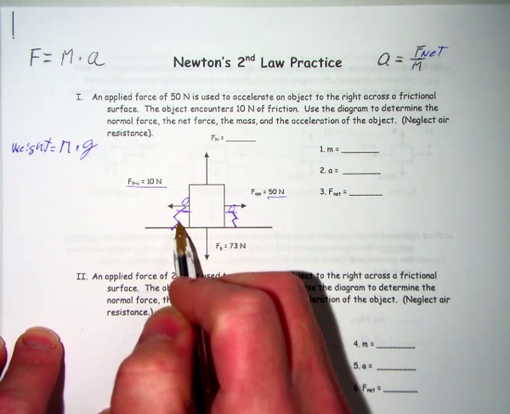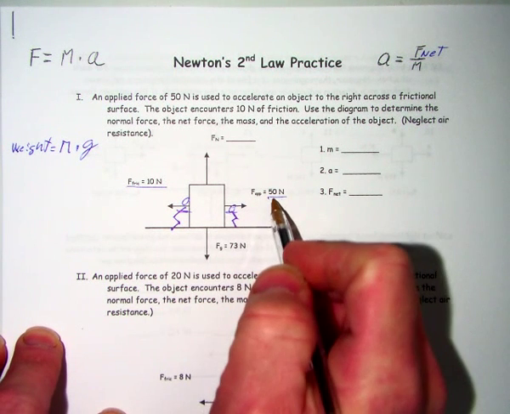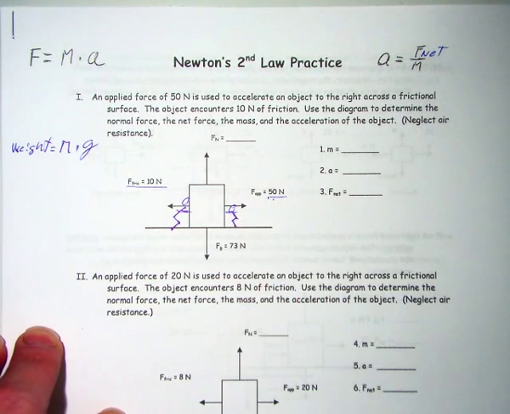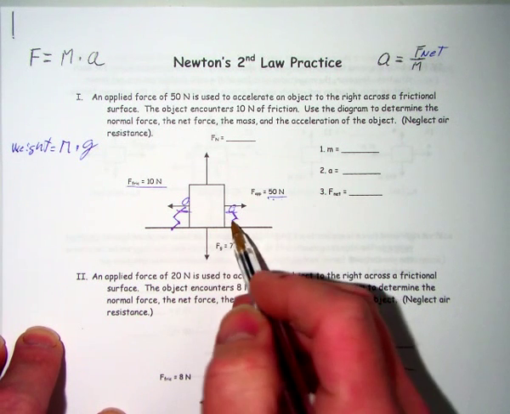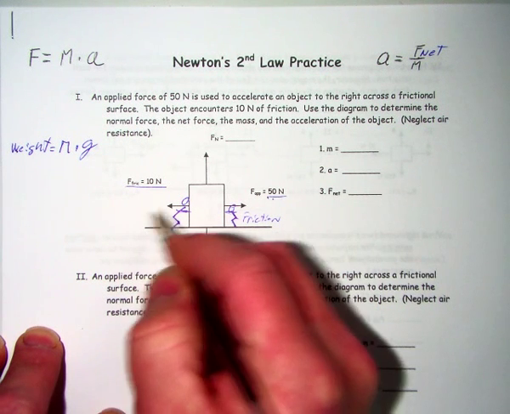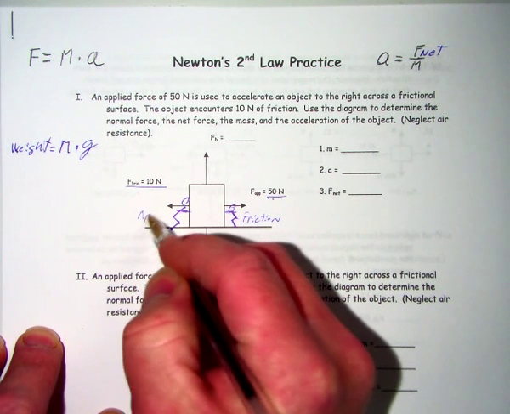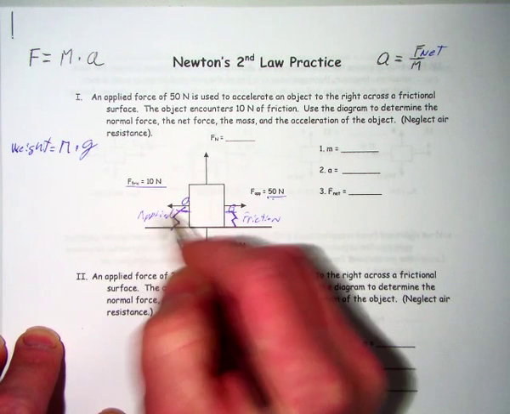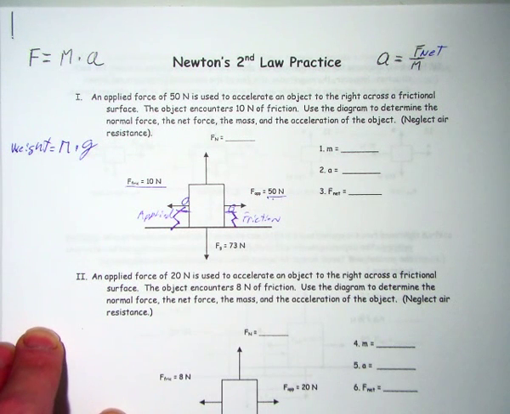And this person on the right that's pushing on it with 50 newtons of force, they're stronger than the person on the left. The person on the left is called friction, and the person on the right is applied. Stupid names, but it works.